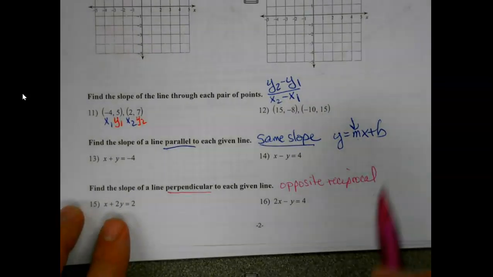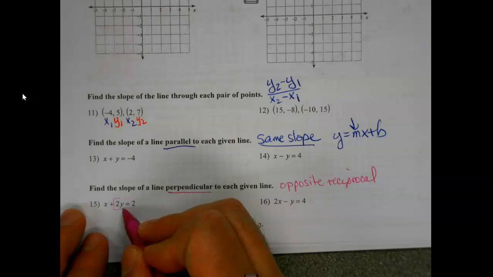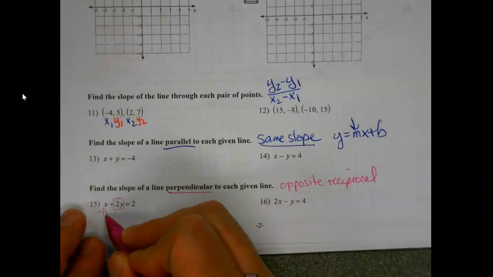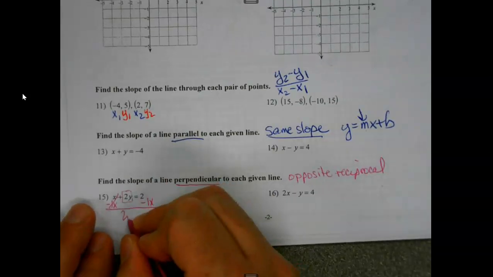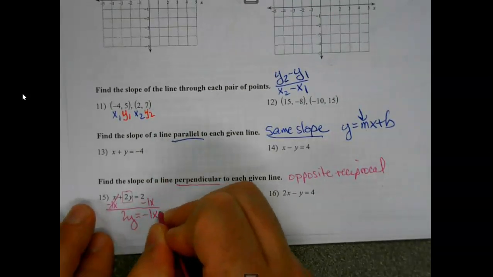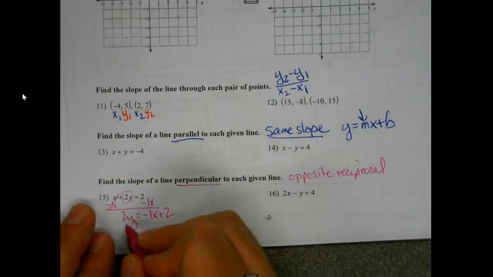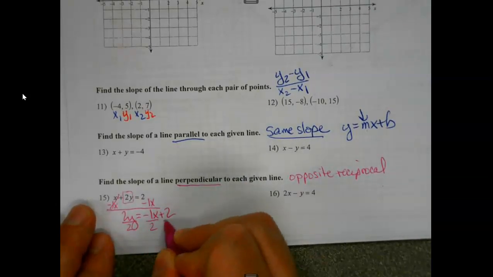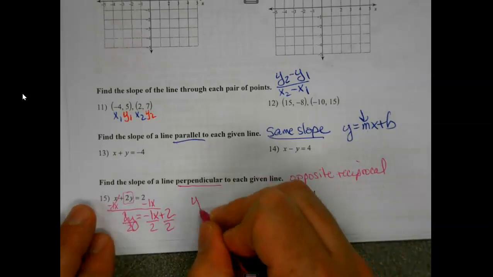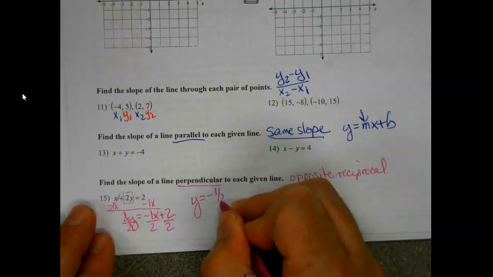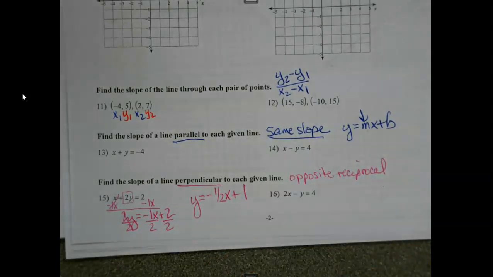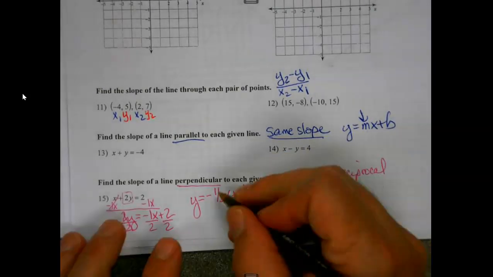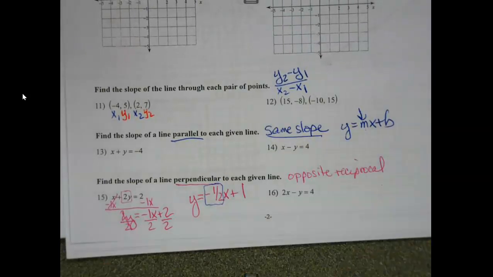Okay, we still have to be in y equals before we can figure this out. So let's take care of that first. Totally alone. Once we get it to y equals, we know that's the slope of my line, the number in front of x.